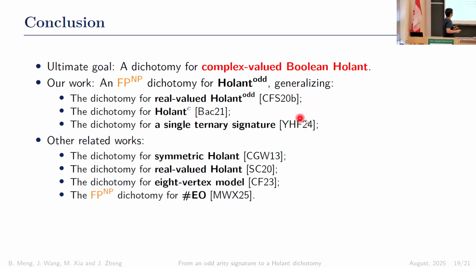Our dichotomy also generalizes some previous dichotomies, and there are other related works that have not been encompassed. There are the dichotomies for symmetric Holant problems, for real-valued Holant, for the so-called eight-vertex model, and we use the FP^NP dichotomy for #CSP problems.